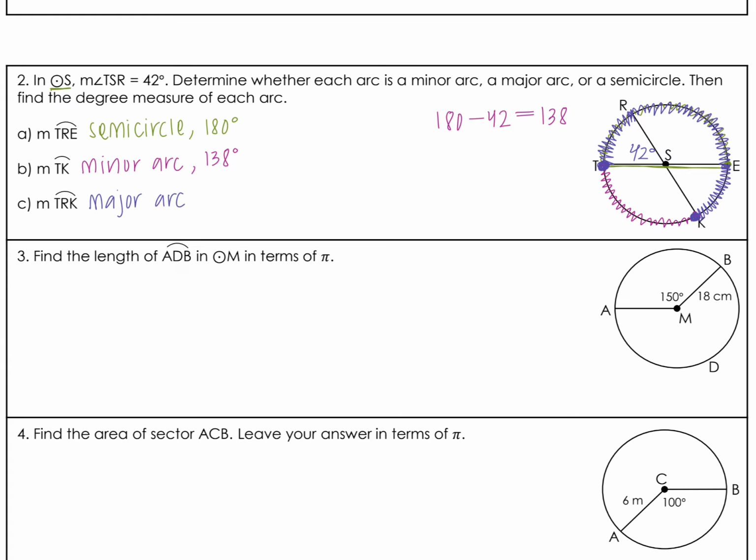And to find the measure of it, I noticed that I passed over that diameter here, but I know that that whole side is going to be 180. And therefore, I can use my vertical angles to say that this section here is 42 degrees. So I can add 180 plus the 42 degrees, and I'll get 222 degrees.